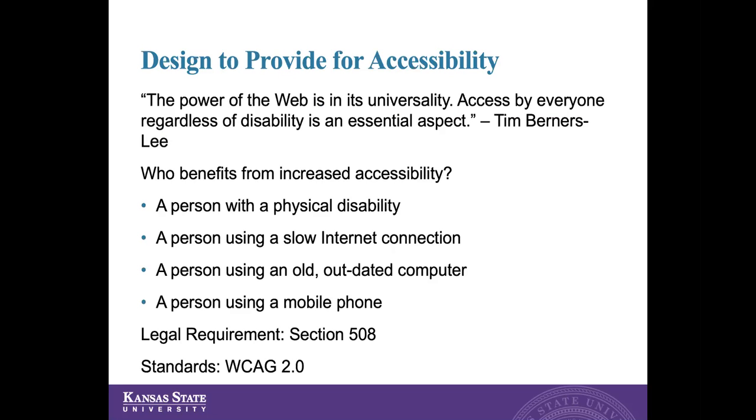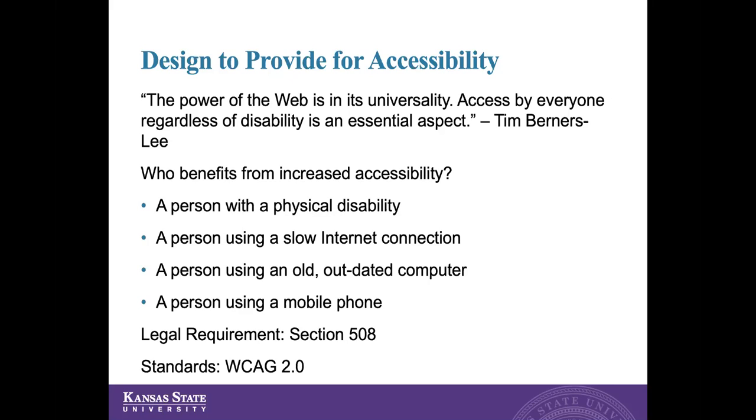All right, so again, we're going to talk about accessibility. We want all of our web pages to be accessible to anyone, regardless of any kind of disability they have, or any kind of device they might be using.